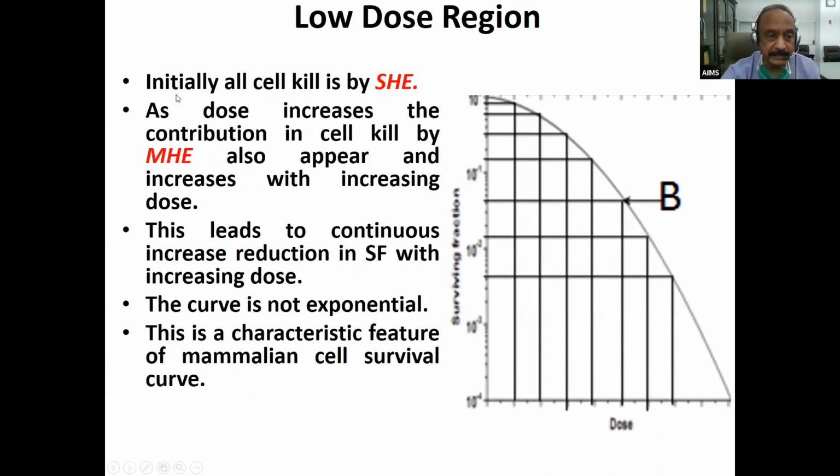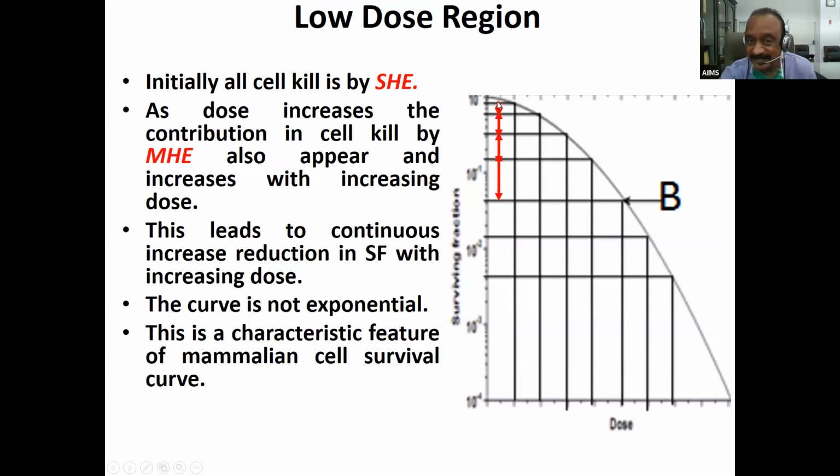So we can say that initially all the cell kill is by single hit event. As dose increases, the contribution in cell kill by multiple hit event also appears and increases with increasing dose. Now this leads to continuous decrease in survival fraction with increasing dose.